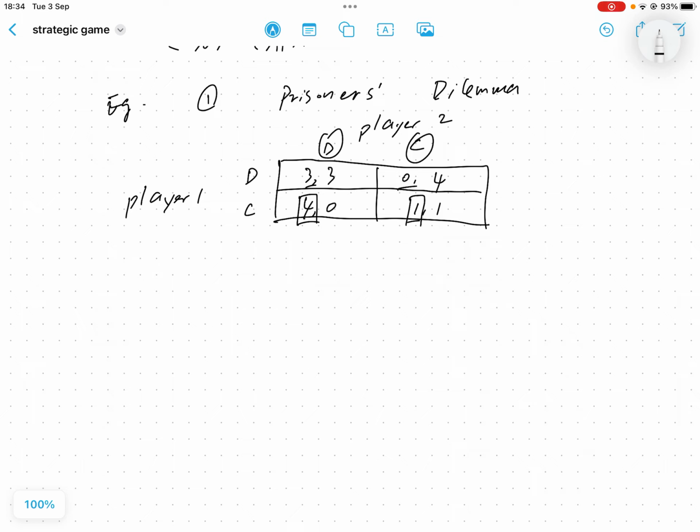Similarly, if player 1 is playing D, then player 2 chooses C to get this 4. And if player 1 is choosing C, then player 2 still chooses C to get this 1. You can see that in this corner, both players have a sort of agreement, and we know that this is called a Nash equilibrium, because in this case no player has any incentive to deviate from this equilibrium.